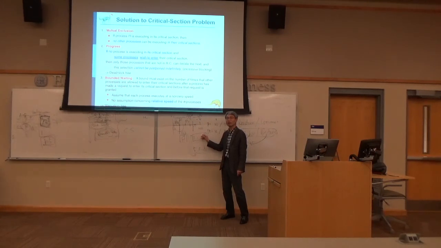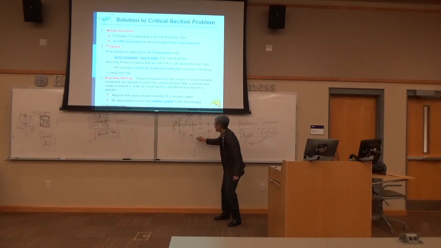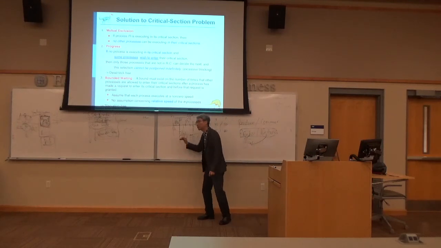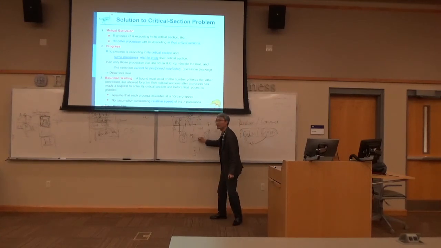So the second requirement is that only processes in the waiting list, who are waiting for this toilet bowl, decide the next one.